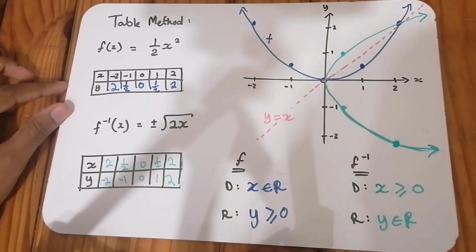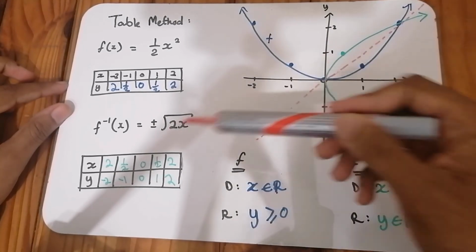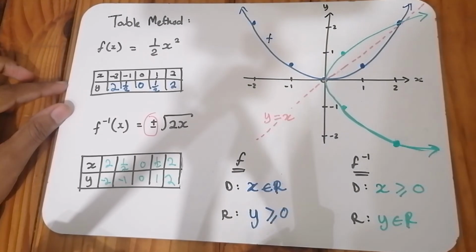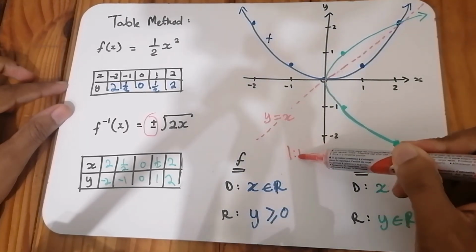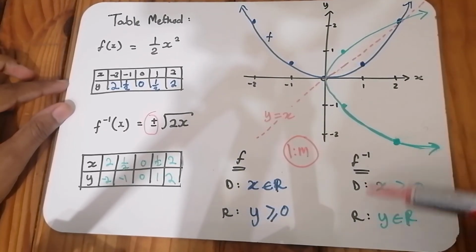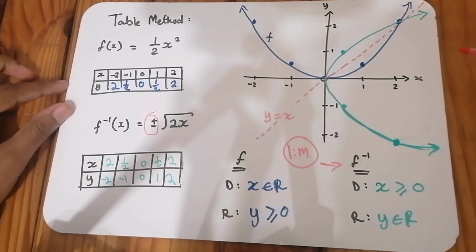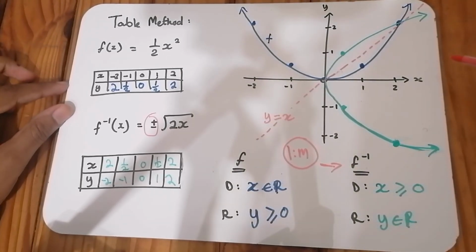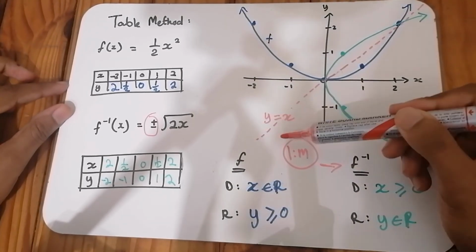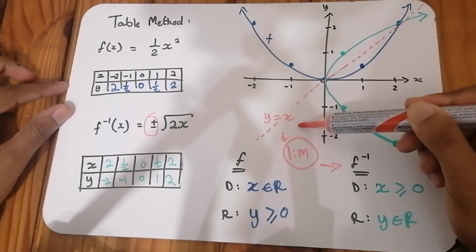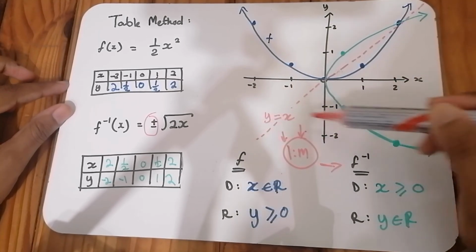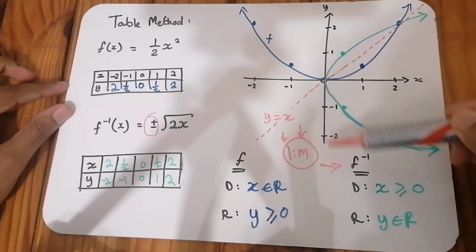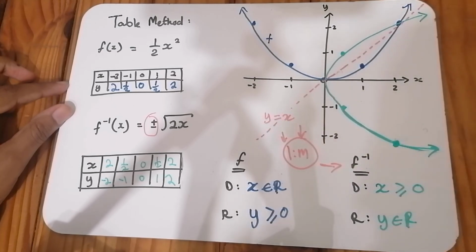So we can't call it a function because there are two outputs. Whenever you have a one-to-many mapping, which this relation has, then it's not classified as a function. So one input can't produce more than one output. And that's why this is not a function.